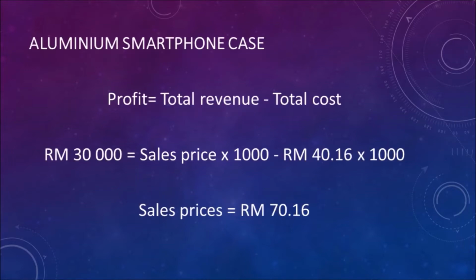So we get the sale price is RM62.66 Malaysia. For the aluminium smartphone case, profit equals total revenue minus total cost. RM30,000 equals the sale price times 1,000 minus RM40.16 times 1,000. So we get the sale price is RM70.60.